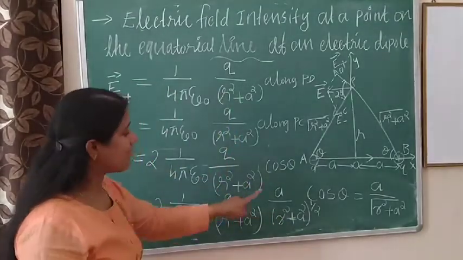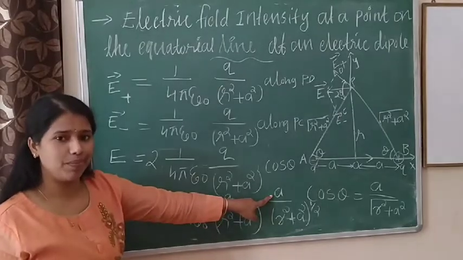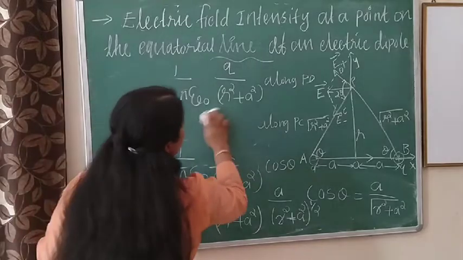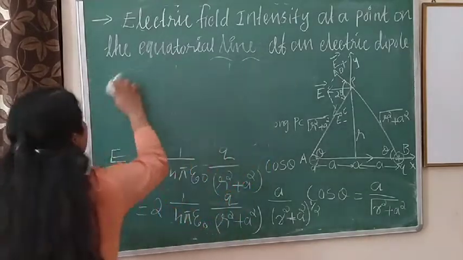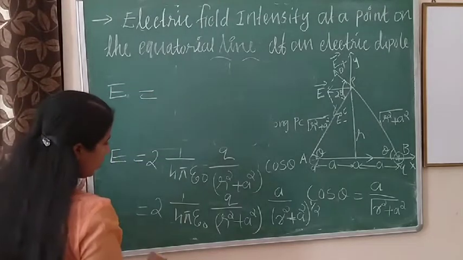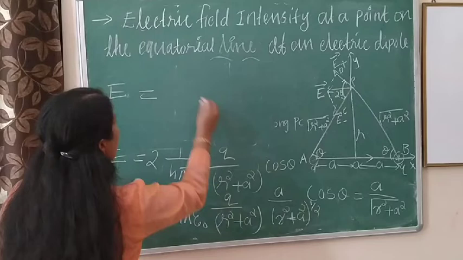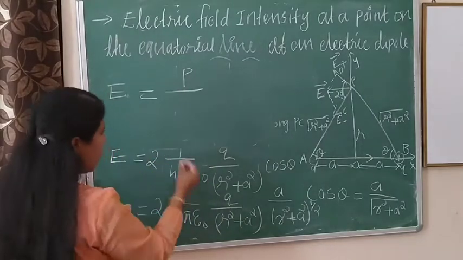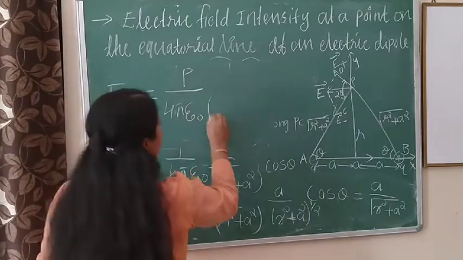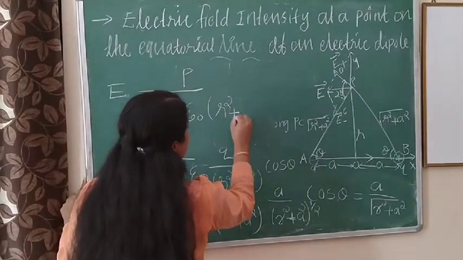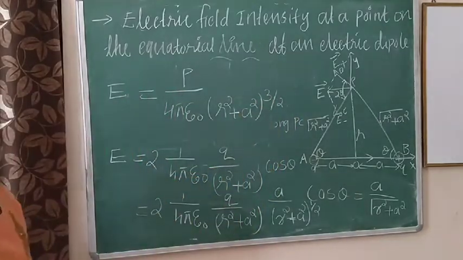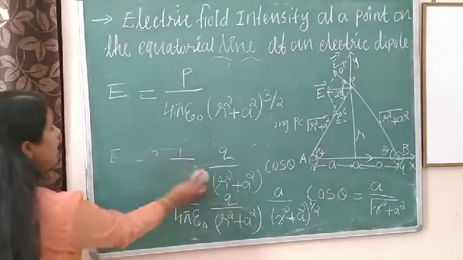Then instead of these 3 terms, we can write P. Our equation should be total electric field intensity E equal to P by 4π epsilon naught, then (R² + A²) raised to 3 by 2. Okay, this is our final equation.